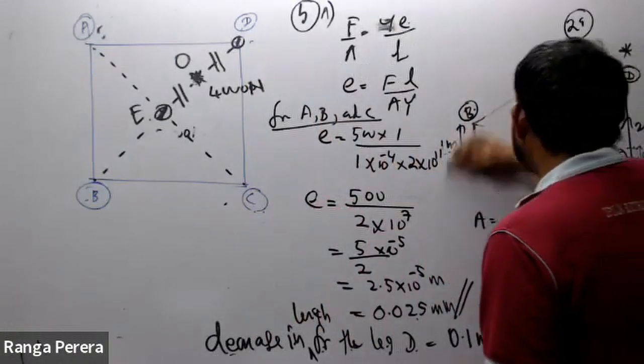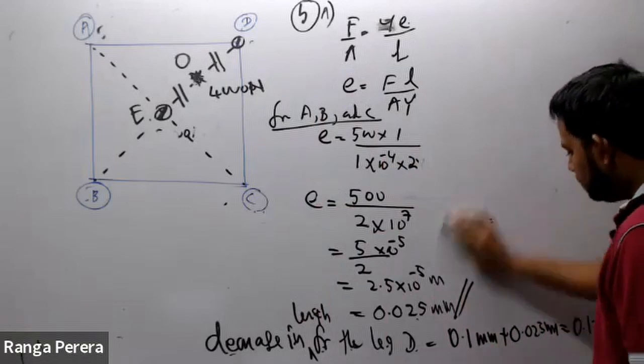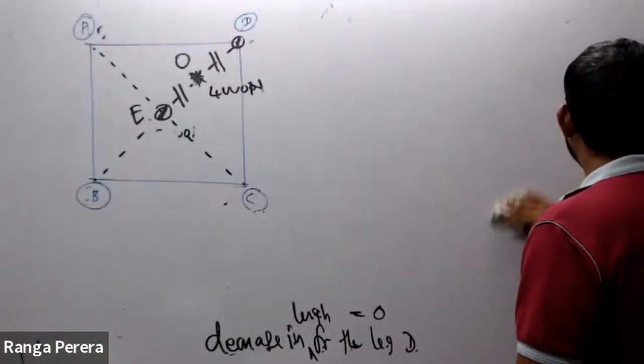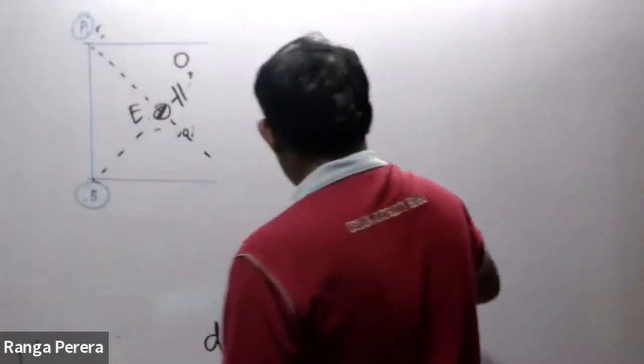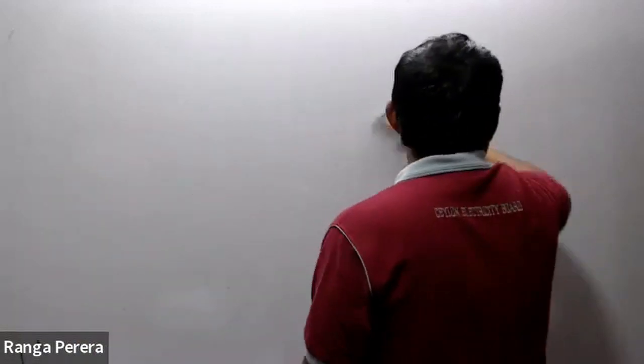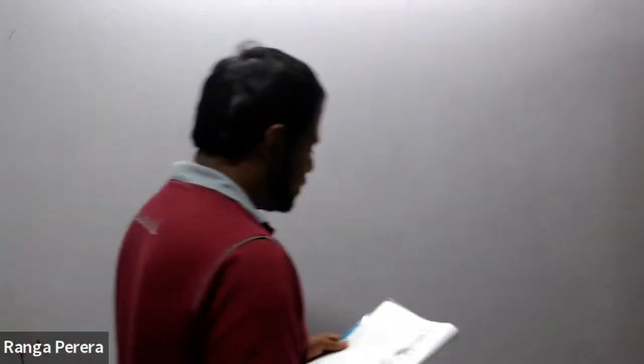Question number 31 in your tutorial. Figure 1 shows the stress strain curve for a uniform steel rod.